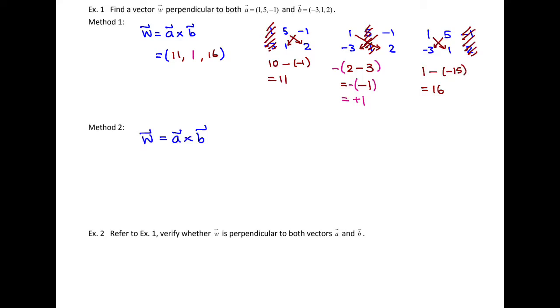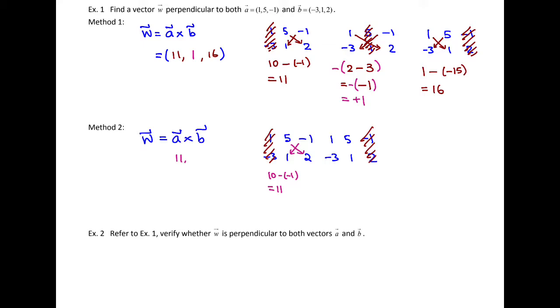Method 2. We're going to write vector A on top twice, and we're going to write vector B on the bottom twice. And we're going to cover the first column and the last column. Then we do 5 times 2, which is 10, minus 1 times negative 1, which is 11. That's our first coordinate.